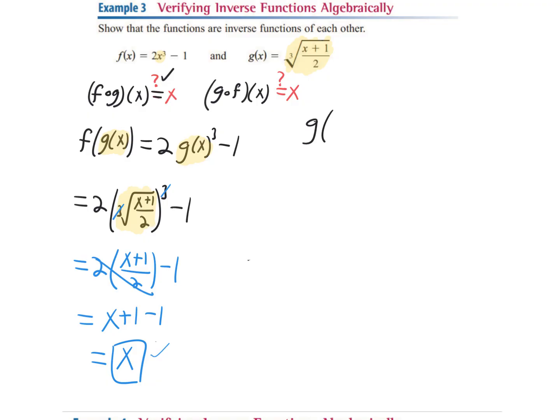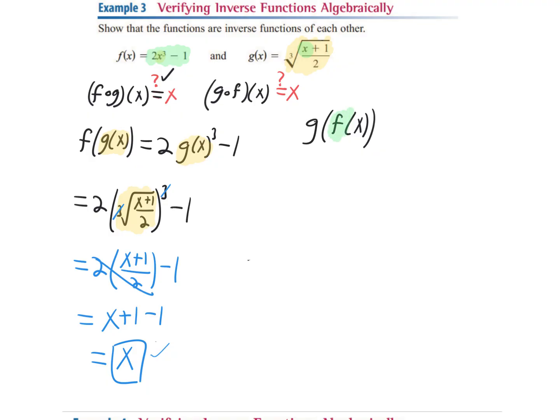So g of f of x. Again, you take the entire function f of x, and you plug it into the x that is in g of x. Let me use a different color. This is our f of x now, and we're putting that into this x that is in g.